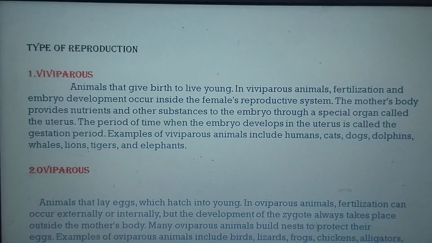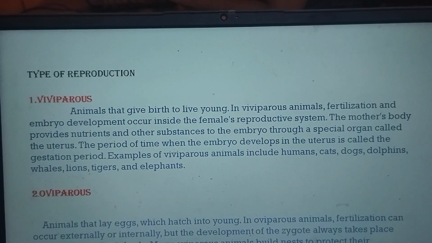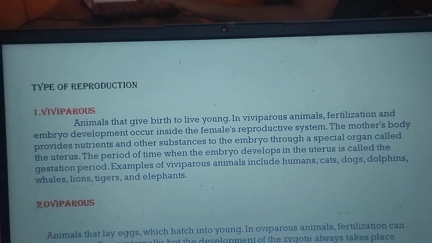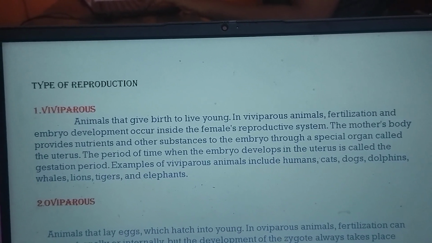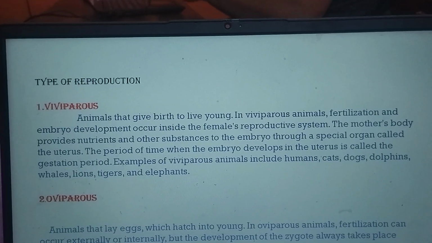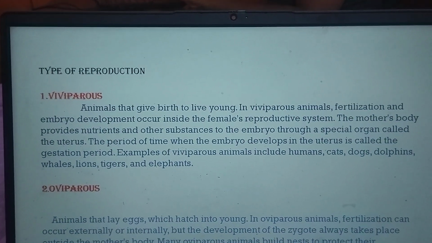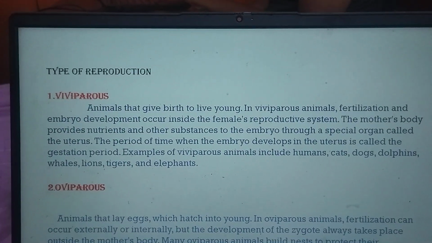Now what is a gestation period? For example, in human females, embryo development takes place over about 9 months of pregnancy. After that, she gives birth to a new living organism.